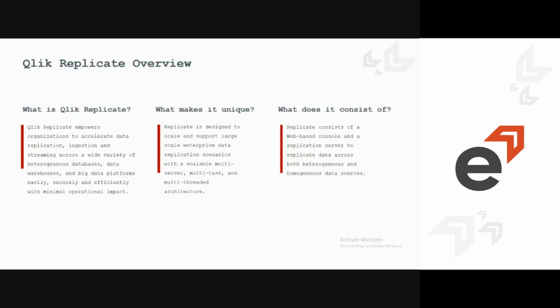Another thing that comes into play is the data volume. One of the key features of Replicate is that it can handle huge data volumes at speeds that we have not known before. For example, if you are loading 5 tables in parallel from a database into another target system altogether, you might get a throughput, which is how many rows per second are transferred, of 40 to 50,000 rows per second.